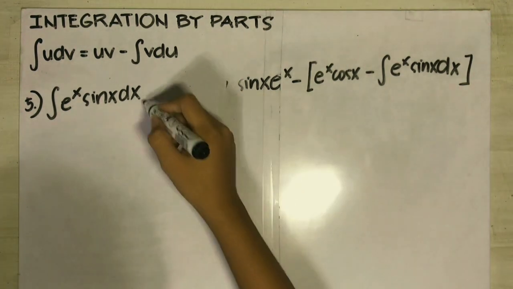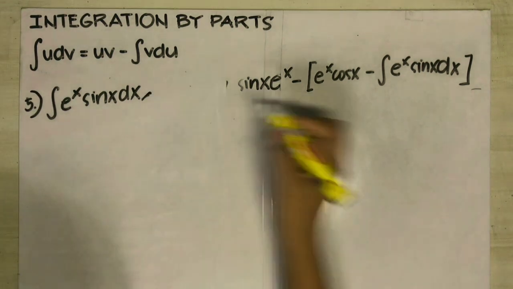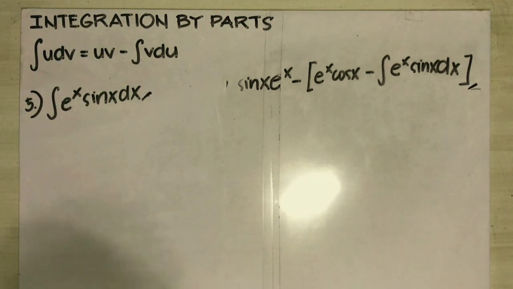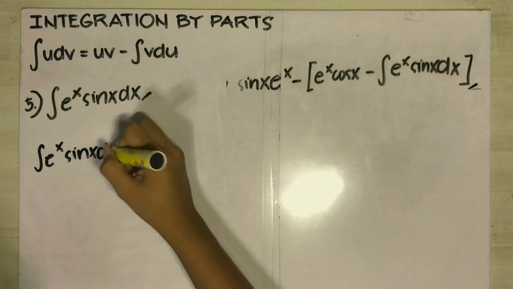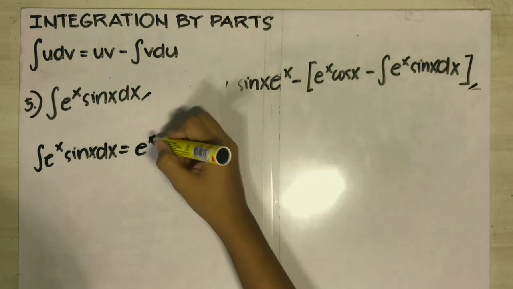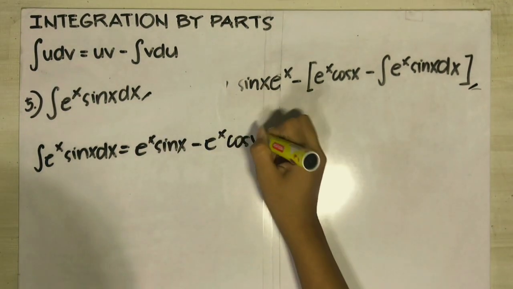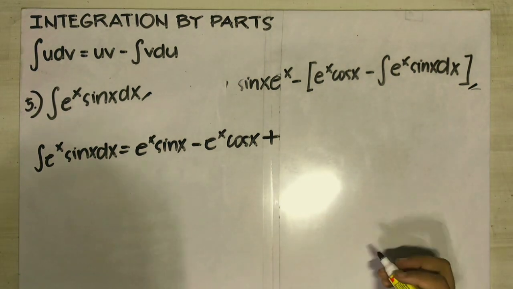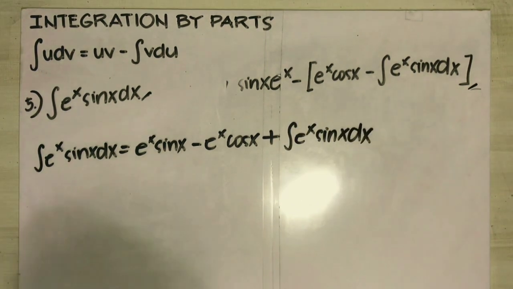And next, since the integral is the same as the given, we will equate these two. So, the integral of e raised to x times sine x dx is equal to sine x e raised to x minus e raised to x times cosine x minus the integral of e raised to x sine x dx.